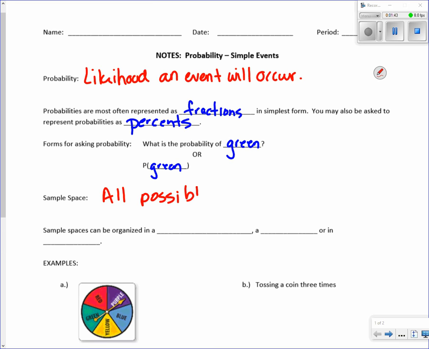Okay, now there are several ways that you can write your sample spaces. And these are the three most traditional ways that you see them. It can be in a tree diagram, and you guys have been seeing this for several years now. It's just kind of words that branch off to other words. It can be in a table or in brackets.